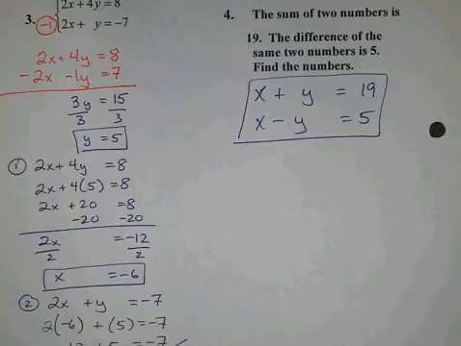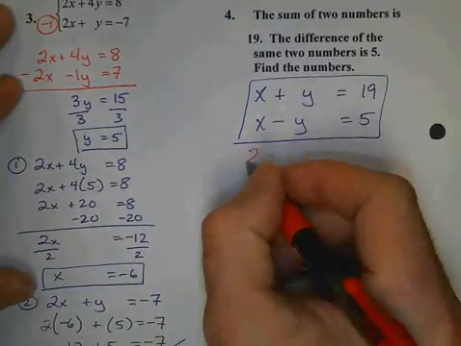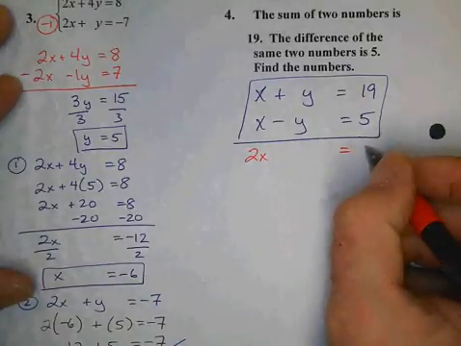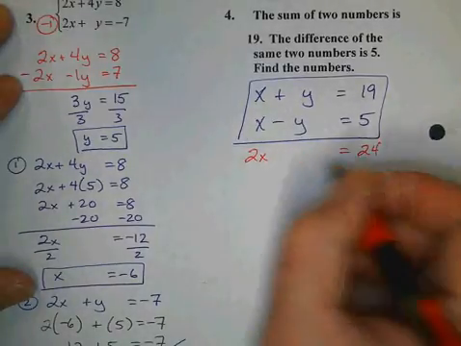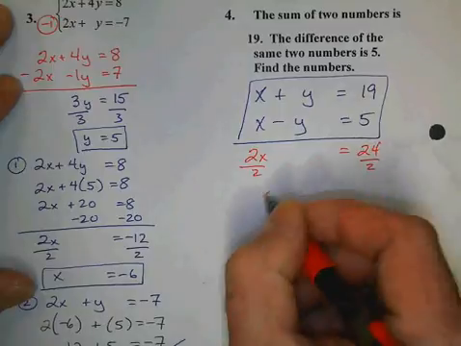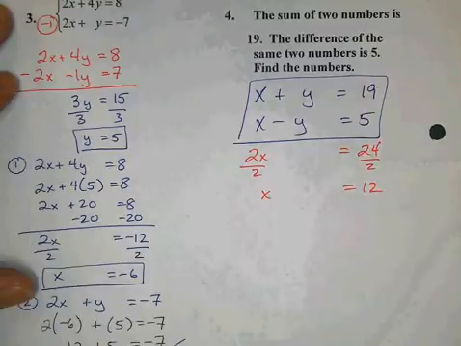Is this an easy one? When you add them up vertically, do they just drop out? So someone add them up vertically and tell me what you get. 2x equals 24. Divide by 2, and boom, just like that, we've got half the answer.